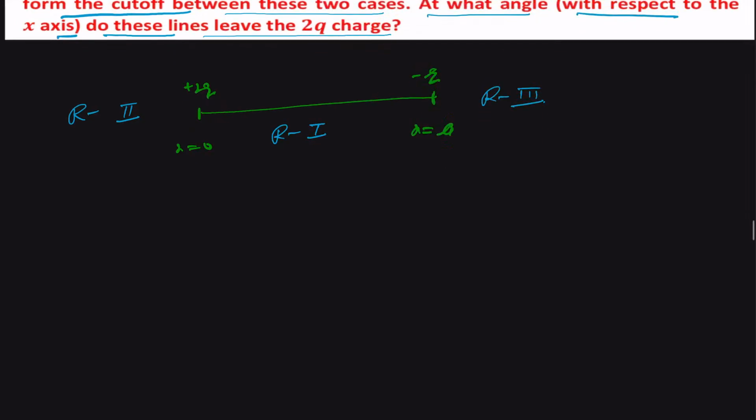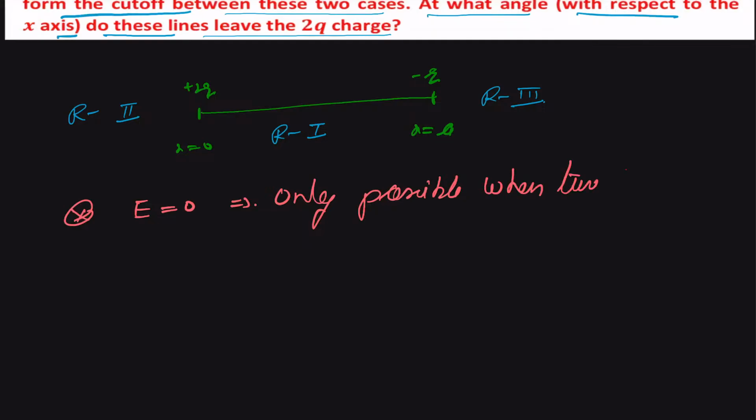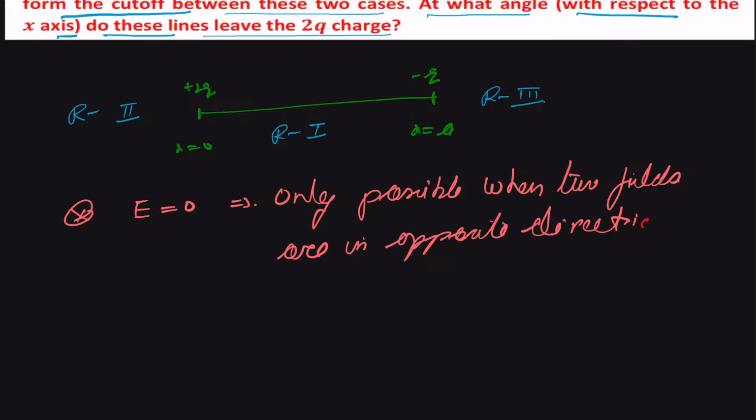We want our electric field to be equal to 0, and the electric field can be 0 only when the two fields are in opposite directions.